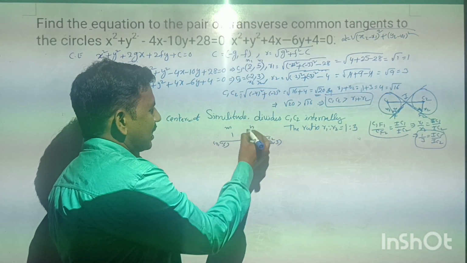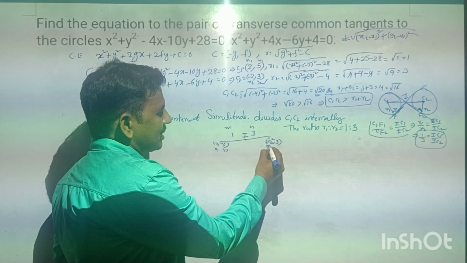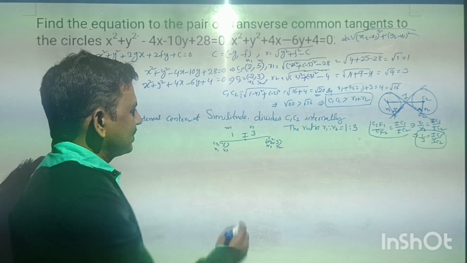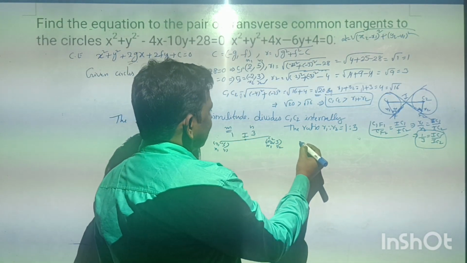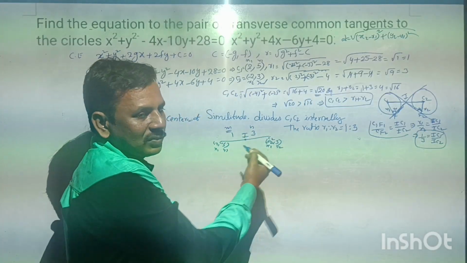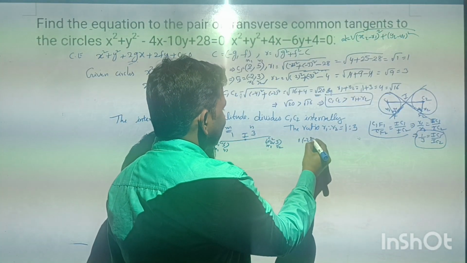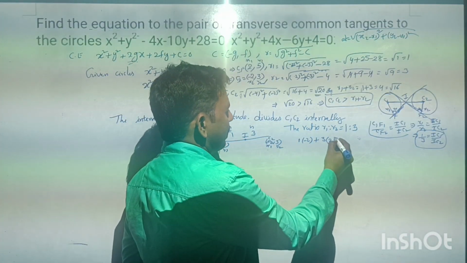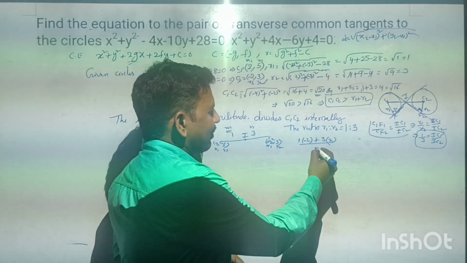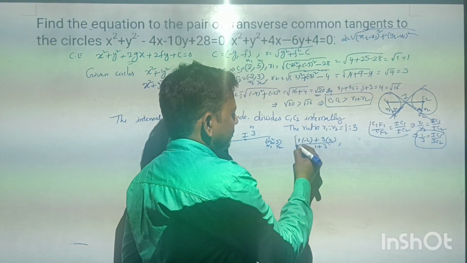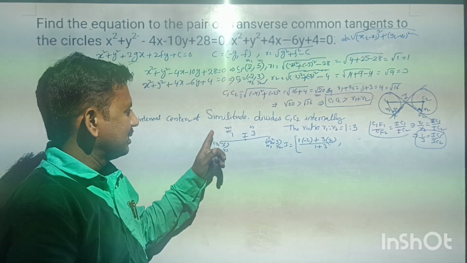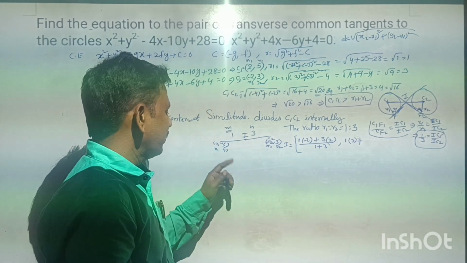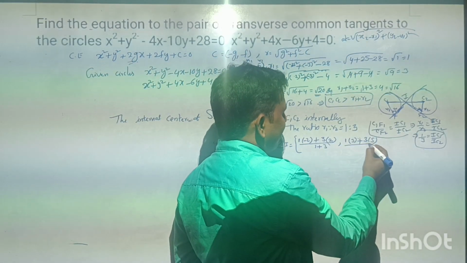This is m, this is n, this is x1, y1, this is x2, y2. Now we apply the section formula: (m x2 + n x1) by (m + n). Therefore 1 into (-2) plus 3 into 2, by 1 plus 3. Similarly, 1 into 3 plus 3 into 5, by 1 plus 3.